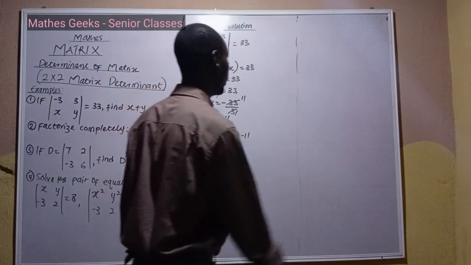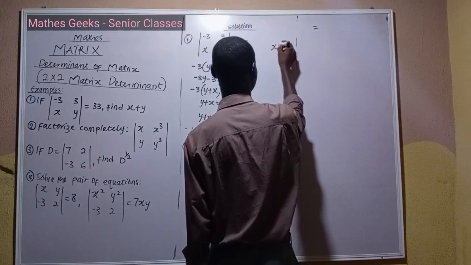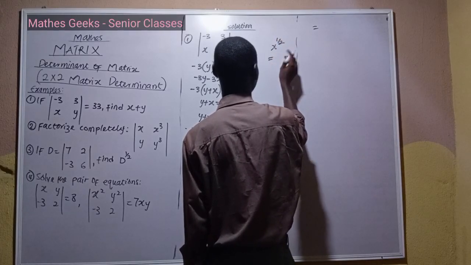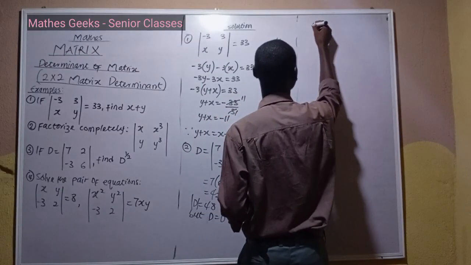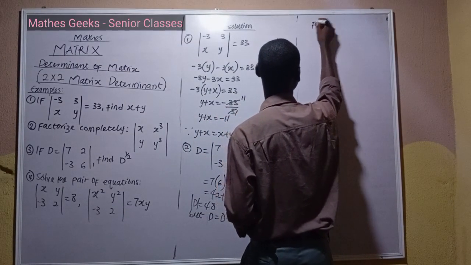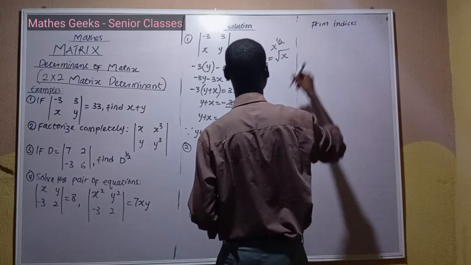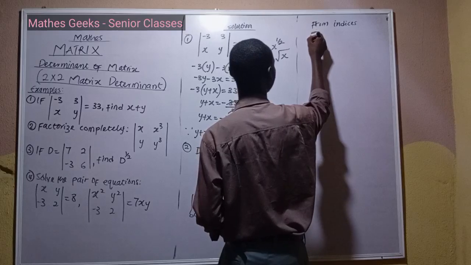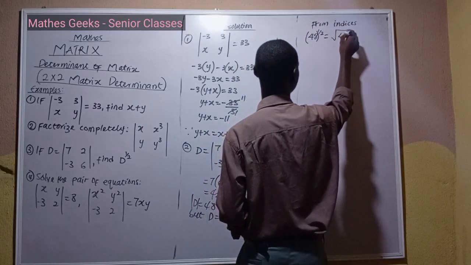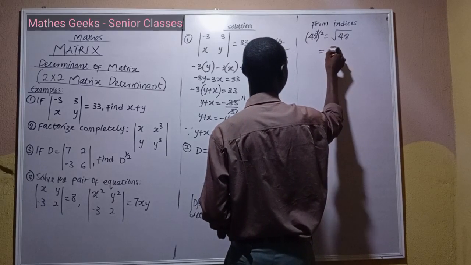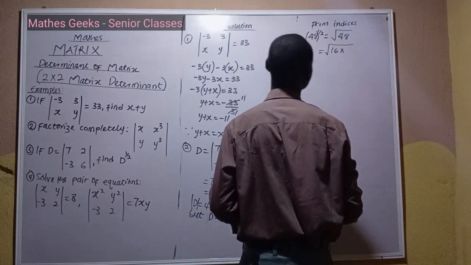And from indices, anytime you have a fractional power of 1 over 2, it means the square root of x. So 48 raised to 1 over 2 is the square root of 48, which is equals to 16 times 3.